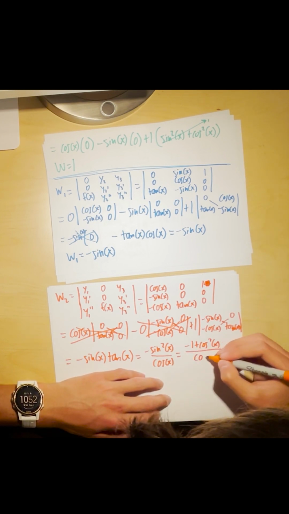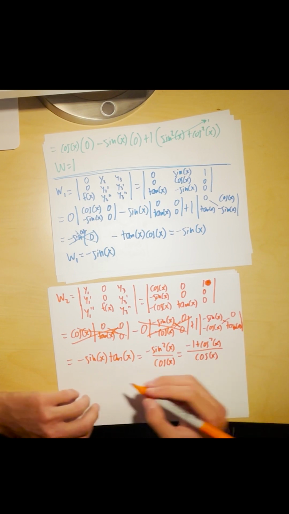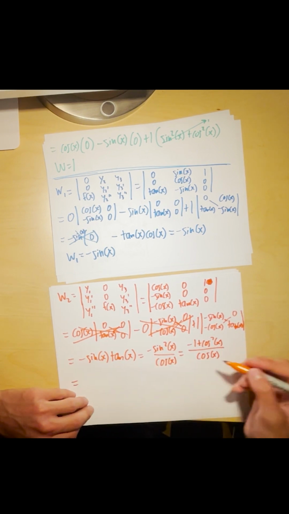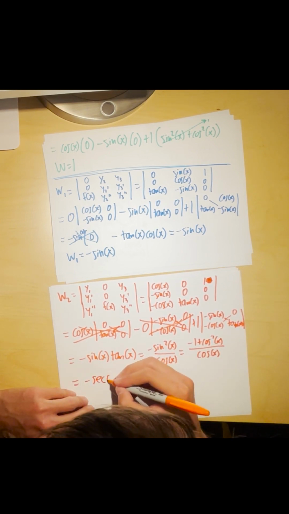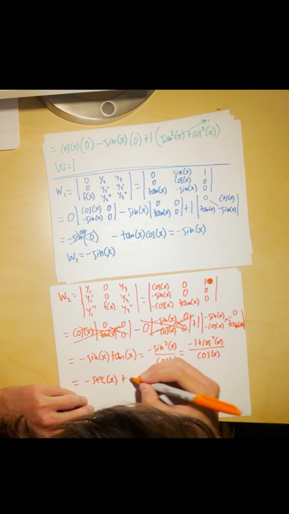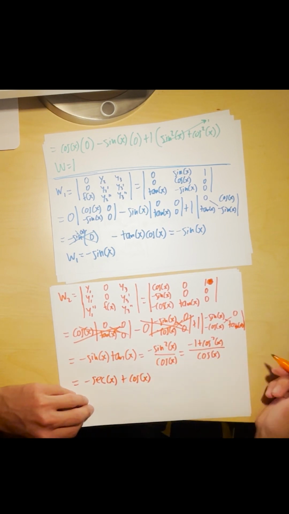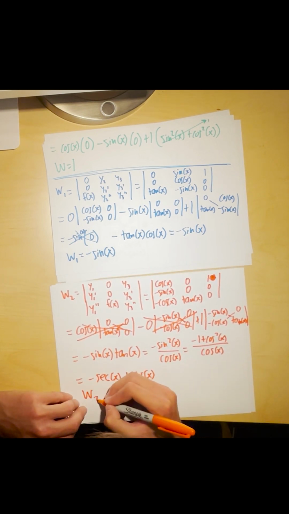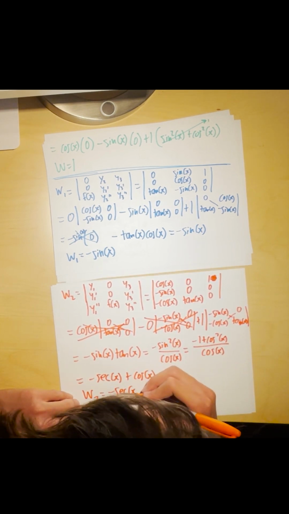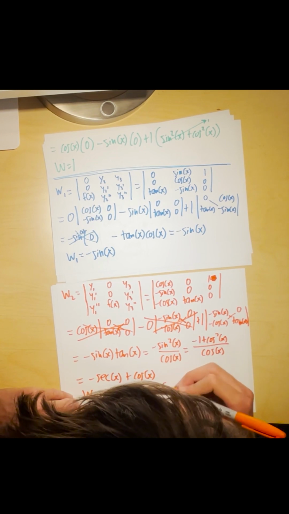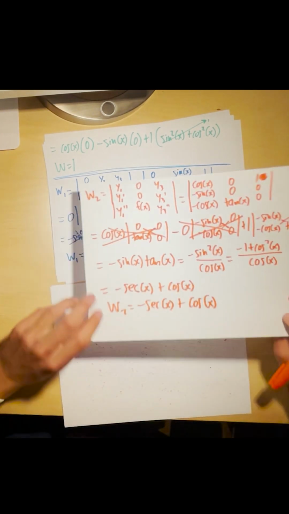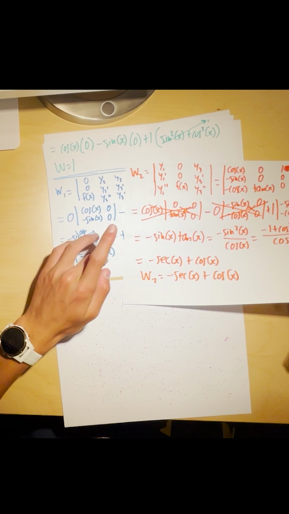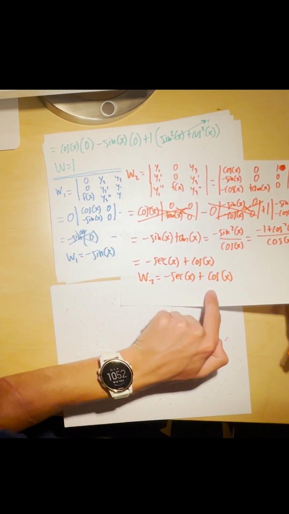This is all still over cosine of x. And so now when we separate this into two terms, we get negative secant of x plus cosine of x. And that is W2. So far we have W equals 1, W1 equals negative sine x, and W2 equals negative secant x plus cosine x.